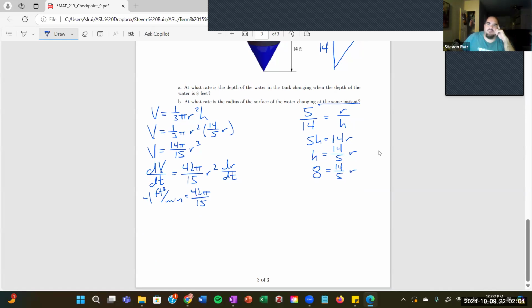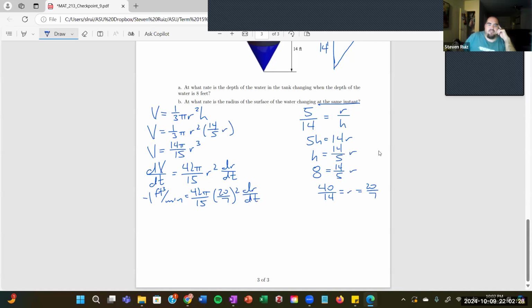We can solve this little equation based on this ratio I found. Multiply both sides by 5 over 14. I get 40 over 14 equals r, or 20 over 7. That looks familiar. I think we found that last time. So -1 equals 42 pi over 15 times (20 over 7) squared times dr/dt.